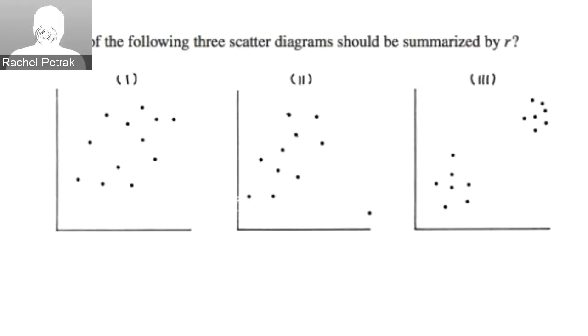When we look at the first problem here, you can see that it could easily be summarized using R, because the points are all together in a cloud. There are no outliers, and there's a generally linear association.